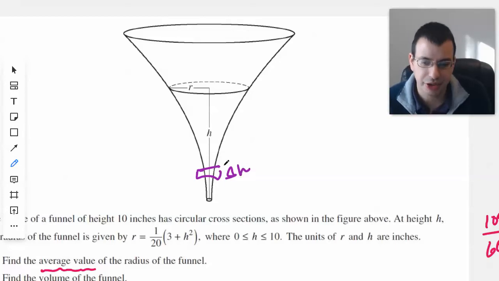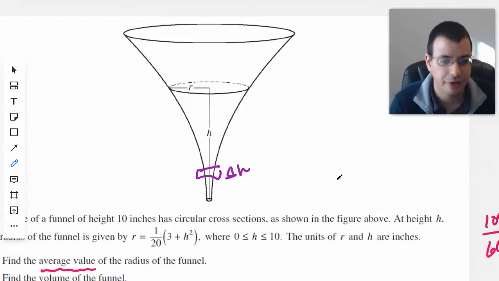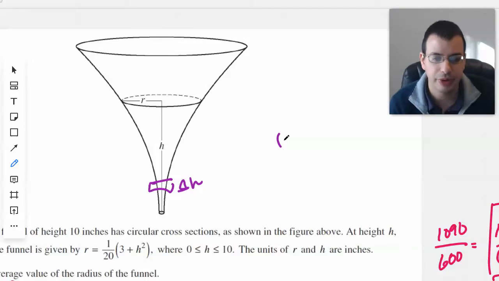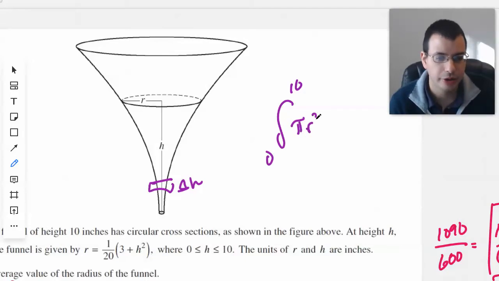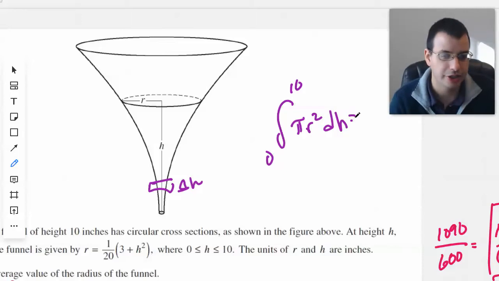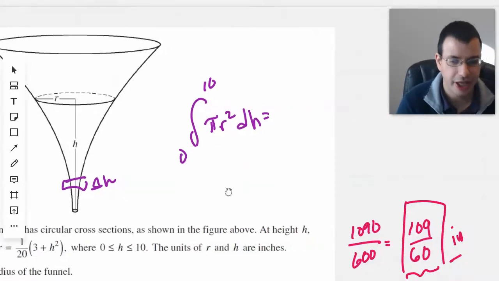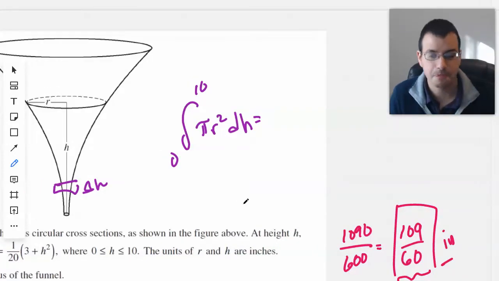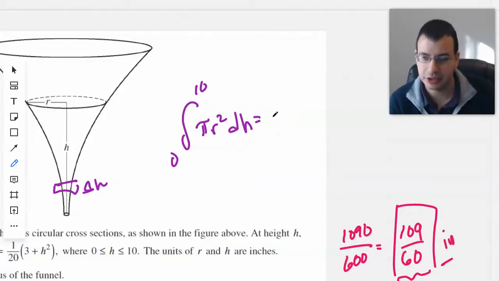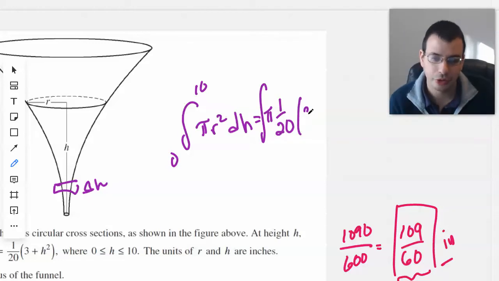These disks will be delta h's, and therefore the volume will be the integral from 0 to 10 of pi r squared, because pi r squared is the area of a circle, and then the delta h will give it a volume. We know that we have, put a pi in there, and the integral, we'll do (3 plus h squared) squared dh.